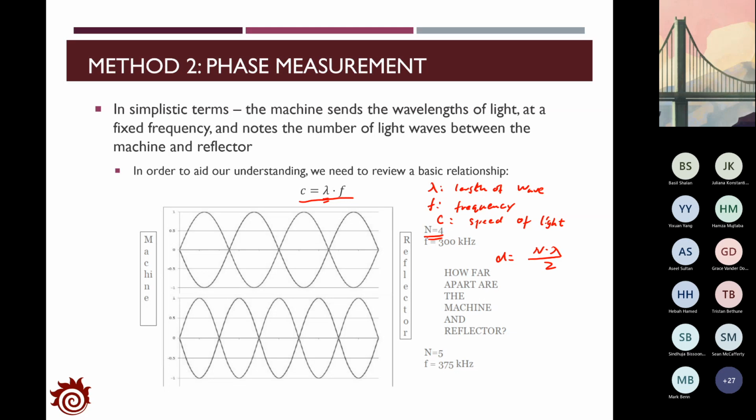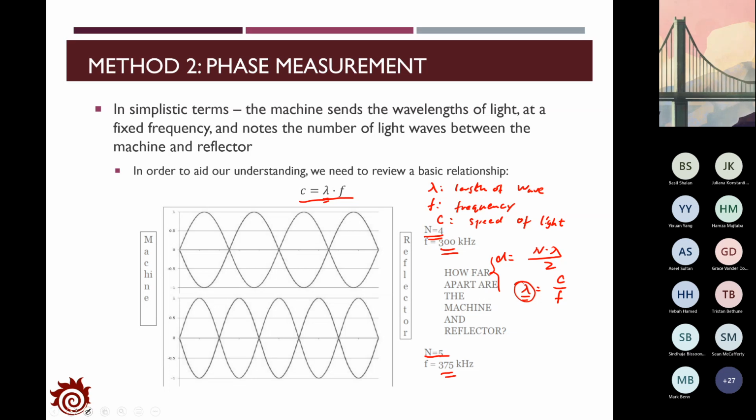So lambda in this case would be c divided by f. And if f is 300 kilohertz, then you can know the value of lambda. And if you set another frequency, you probably get 5 waves. Still, you can apply this equation, but you will have different values of lambda. So that's the idea about using the waves to calculate distance.